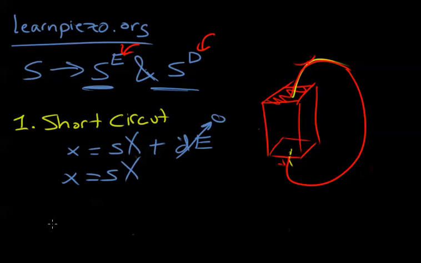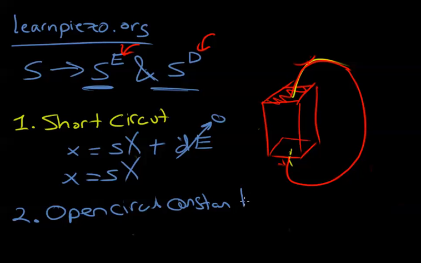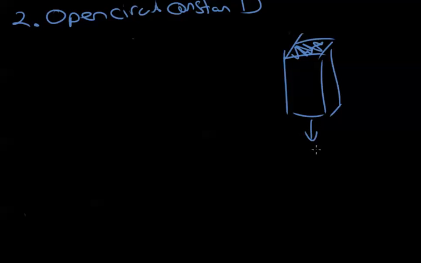And the other case, we have what we call open circuit, or a constant D, or constant dielectric displacement. So let's take a look at that case. We have our material again, electrodes on top and bottom. And this time we apply a stress.